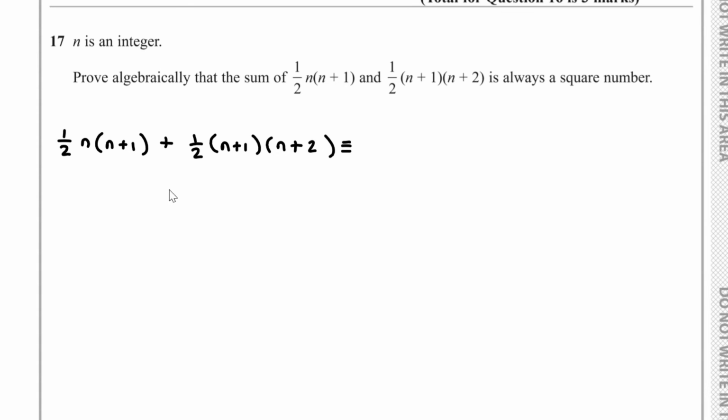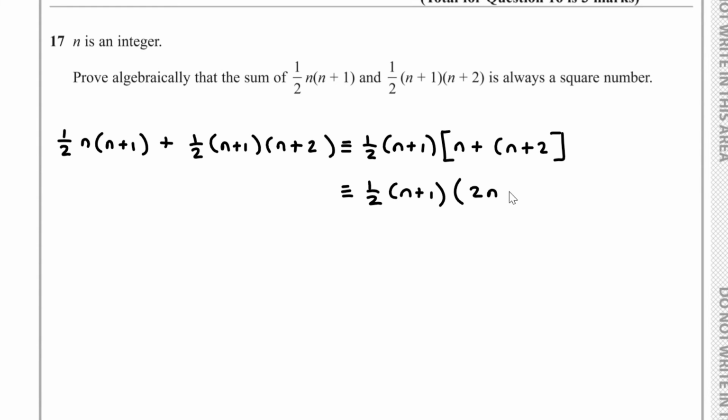And if we factorize out the 1/2 and the n plus 1, because those are common to both, we've got 1/2 lots of n plus 1, and then inside this big bracket we've got n plus n plus 2. So we've got 1/2 lots of n plus 1 lots of 2n plus 2, and if I factorize out a 2 from here, we've got 1/2 n plus 1 times 2 times by n plus 1.